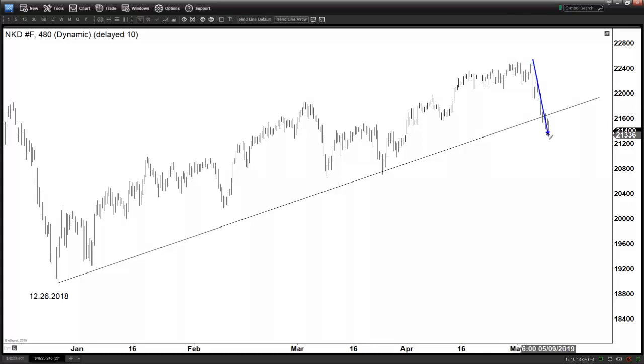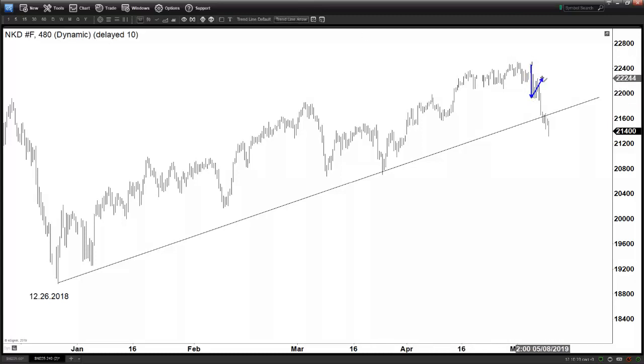So that means there is a possibility that this cycle ended. And if that's the case, then the Nikkei should be at least doing a bigger 3 swing pullback to correct this entire decline. So far, as you can see, we only have 1, 2, 3.